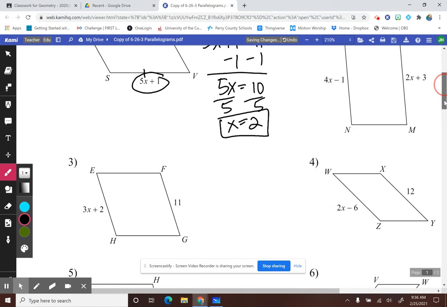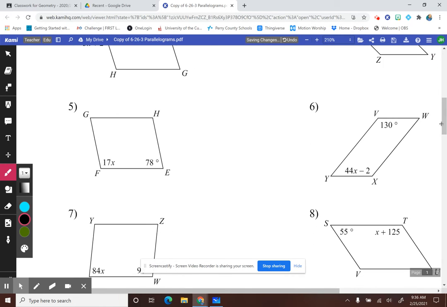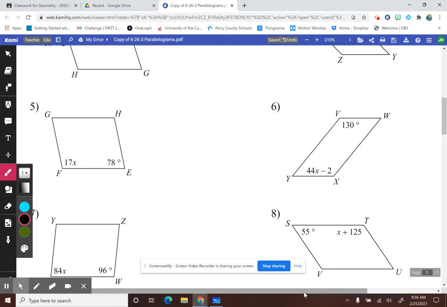So let's move on down to actually number 6 is what I want to look at next. So let's look at number 6 here. And this is a little bit hard to see, but actually what's going on here is they are saying that angle is right in here, okay? It's kind of closer to this right side than it is the left side, and I made a mess out of that, so I'm going to erase that real quick. But it's basically saying that this angle here is right here, okay?